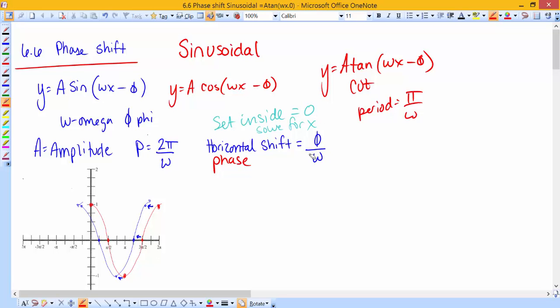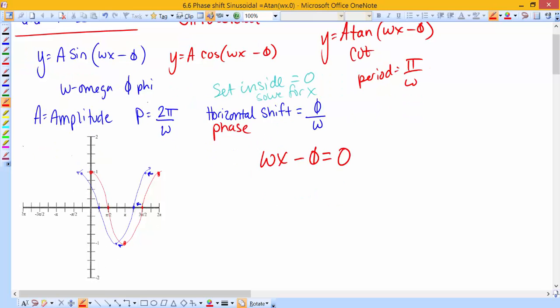We get the phi over omega by having omega x minus phi set equal to 0. You add phi. Sorry, my phi's always look kind of weird. Omega x equals phi, divide by omega, and your x is phi over omega.